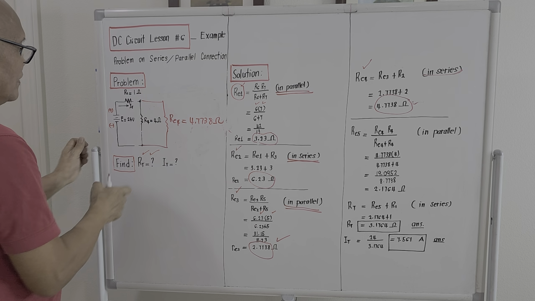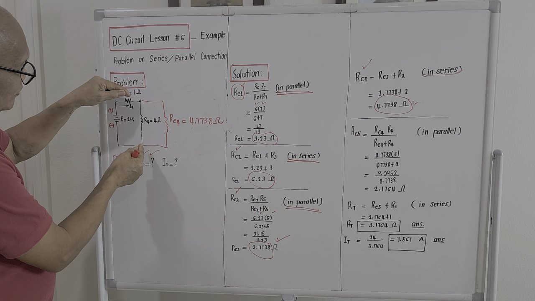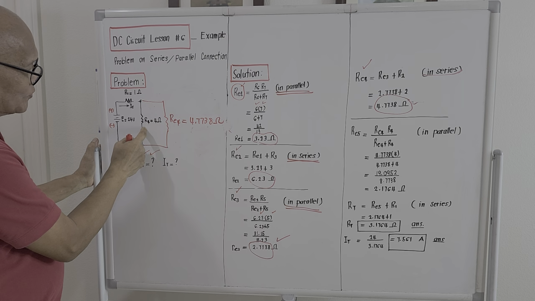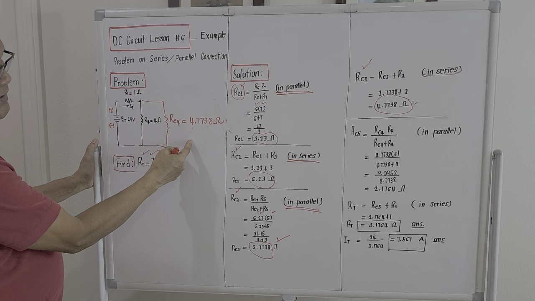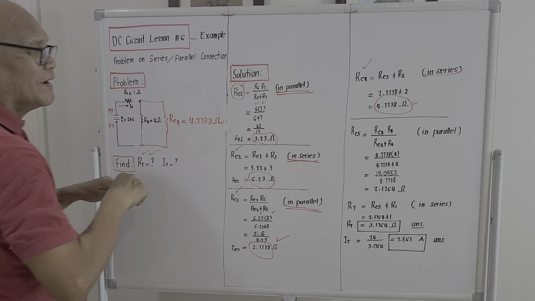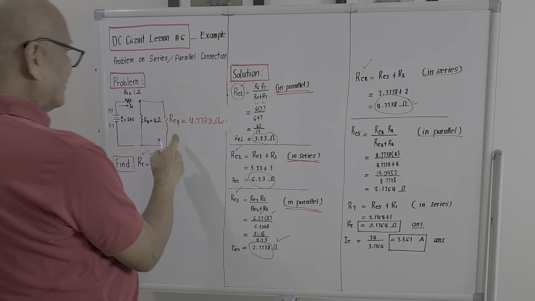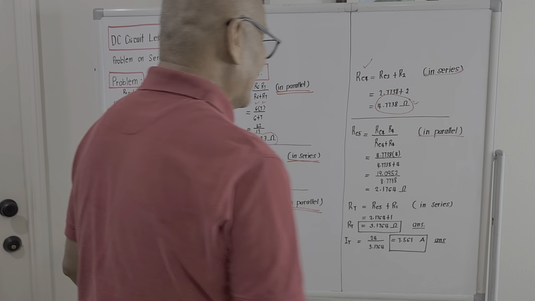Then try to take your multi-tester, try to measure the resistance across this. And what will be the connection of R sub 4 and RE sub 4? They are in parallel, right? So we can take the single equivalent since they are in parallel, right?